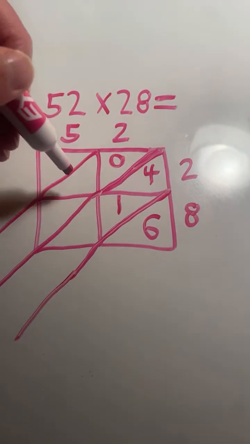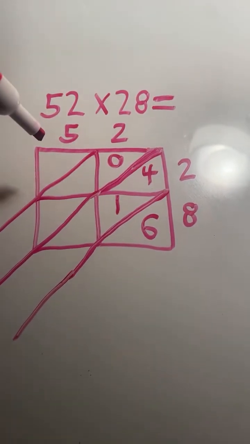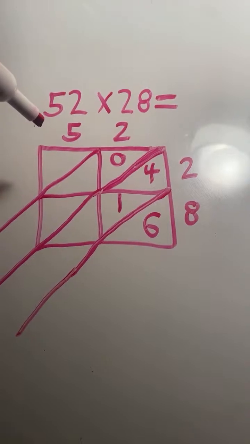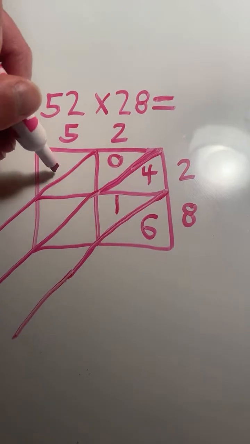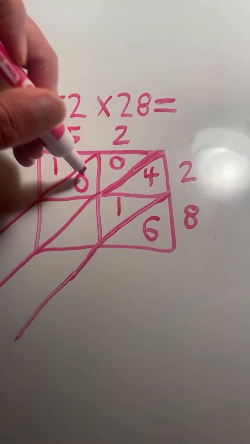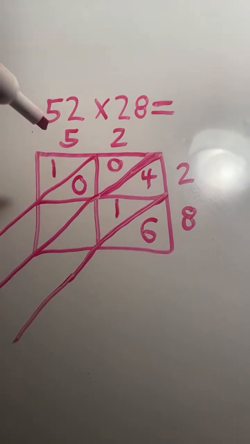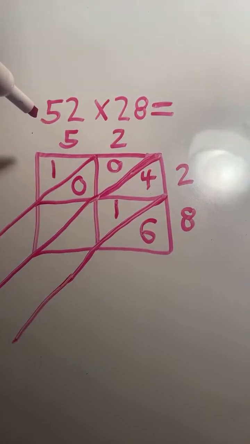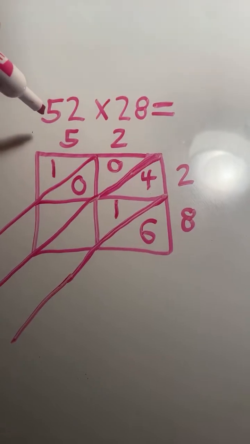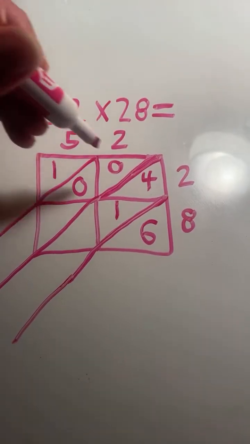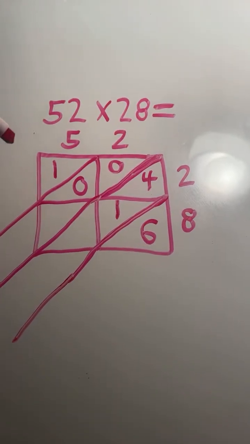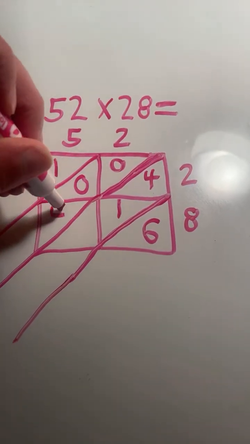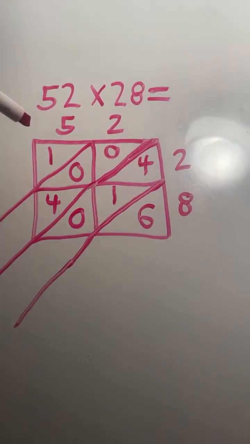The answer to 5 times 2 is going to go in this square here. 5 times 2 equals 10. So the 1 in 10 goes in the top triangle, the 0 in 10 goes in the bottom triangle. Next, we're going to multiply 5 times 8, and the answer to 5 times 8 is going to go in the bottom square. 5 times 8 equals 40, so 4 in the top triangle, 0 in the bottom triangle.